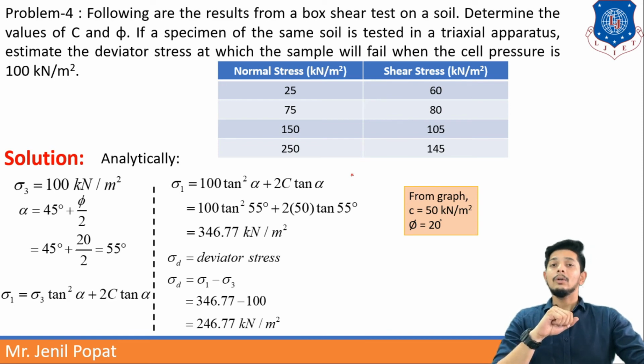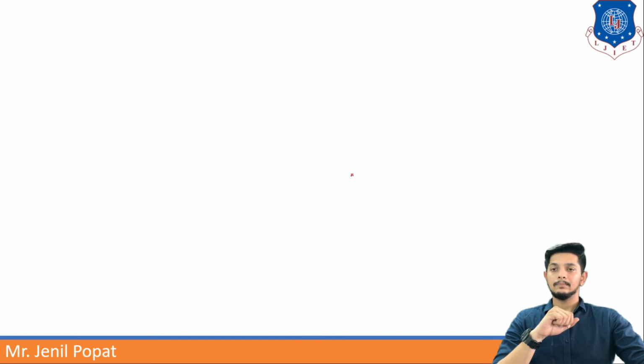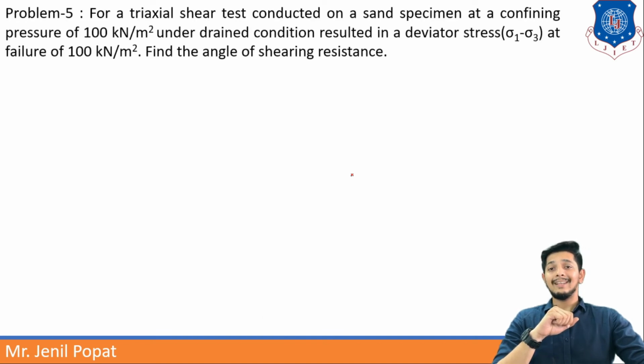Let us move to the next numerical, problem number 5. A triaxial shear test is conducted on a sand specimen at a confining pressure of 100 kilonewton per meter square. So sigma 3 is given as 100.